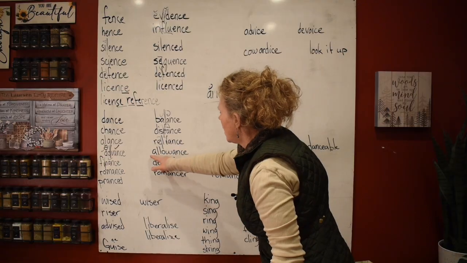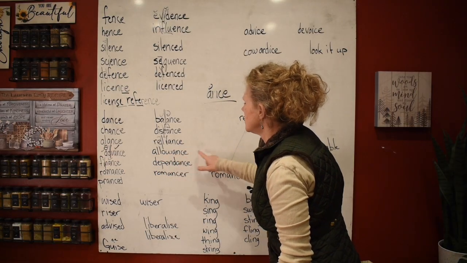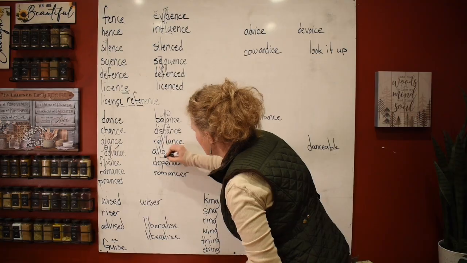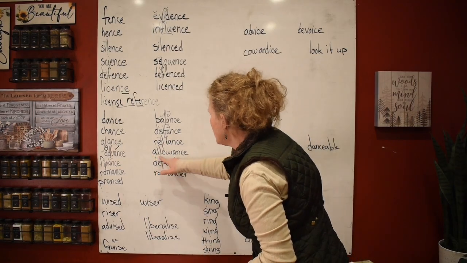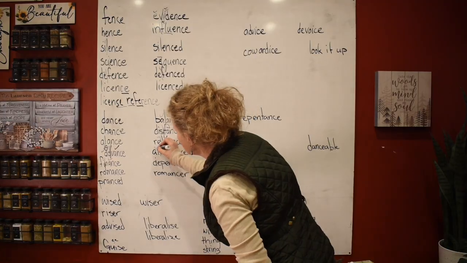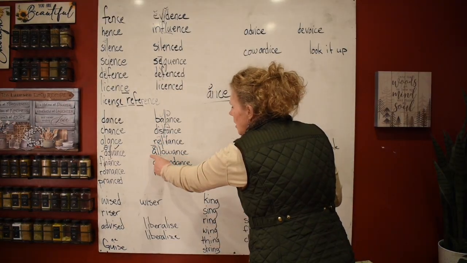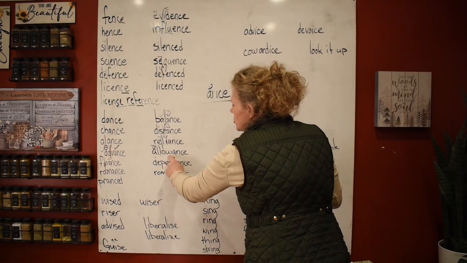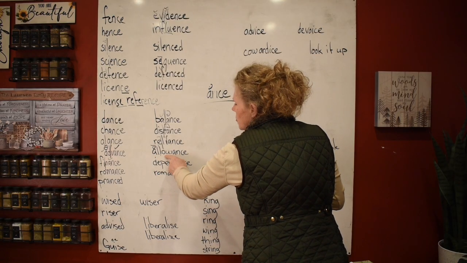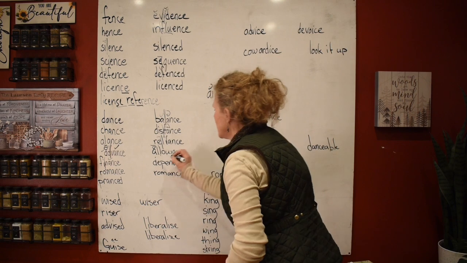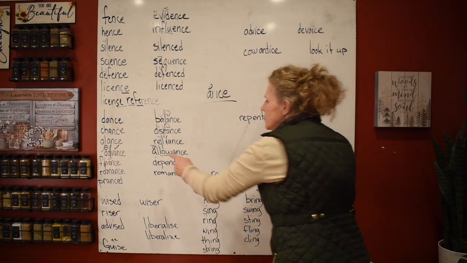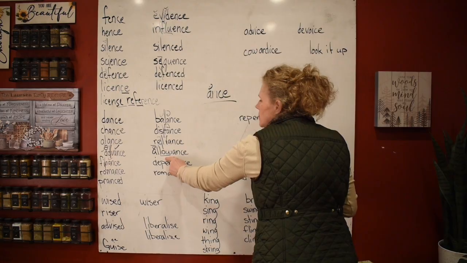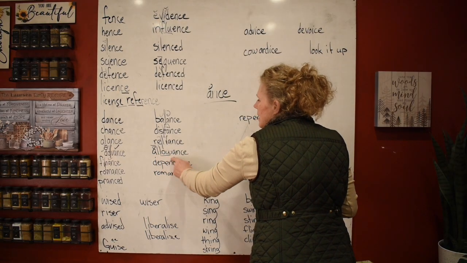Reliance. This one, allowance. See how this double L, so see how this is schwa. Most of the time you're going to see in a 1, 2, 3, oftentimes it's going to be this syllable, low. That's a Latin root. This is your prefix. It's going to be the accented syllable, allowance.